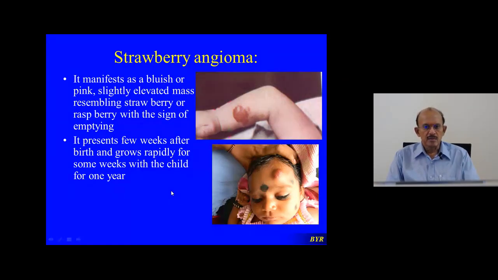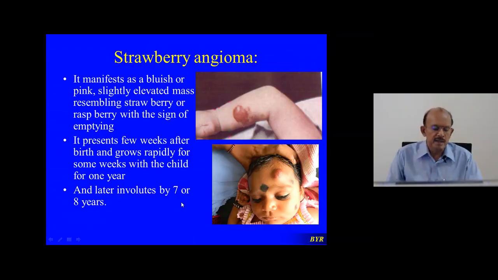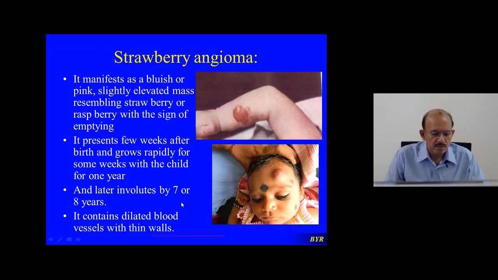Later it starts involuting by 7 or 8 years. So gradually it disappears by 8 years. It contains dilated blood vessels with thin walls.